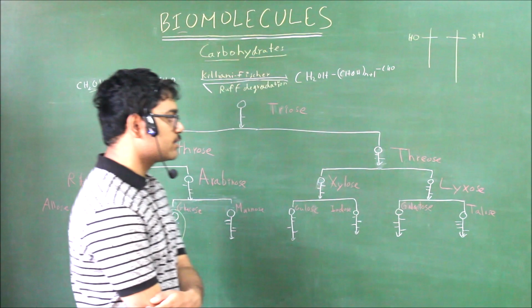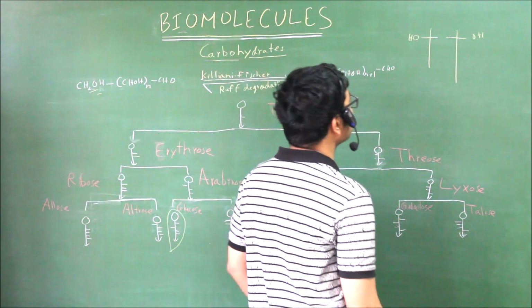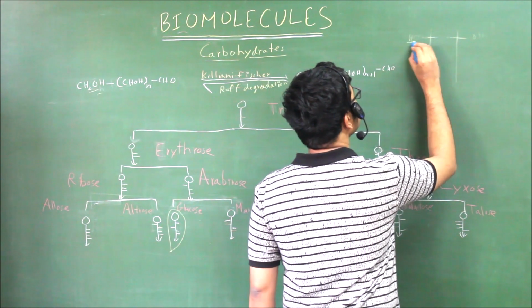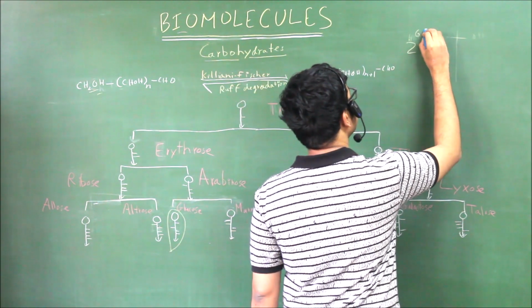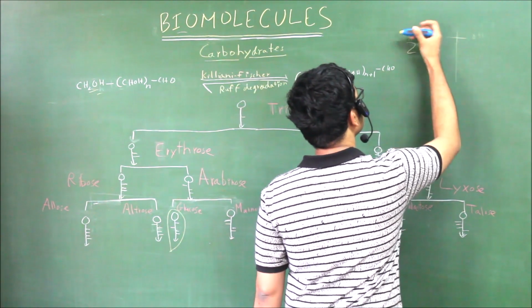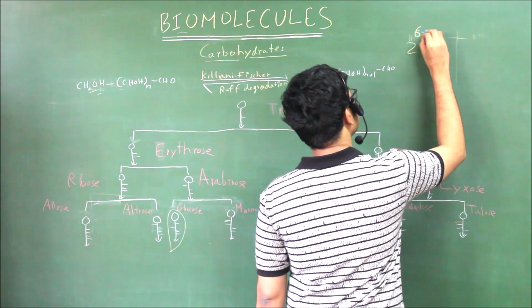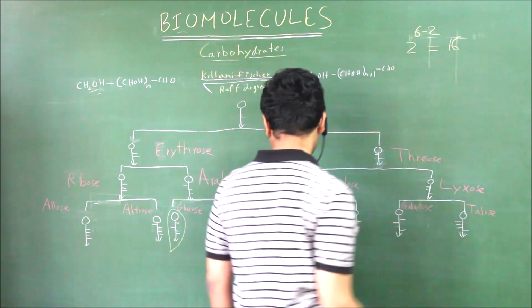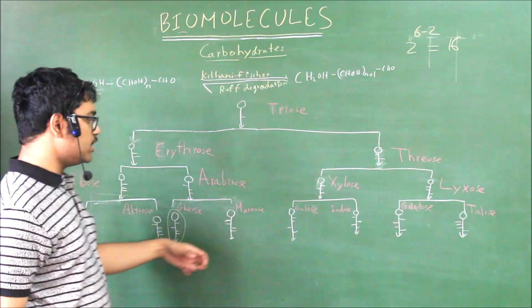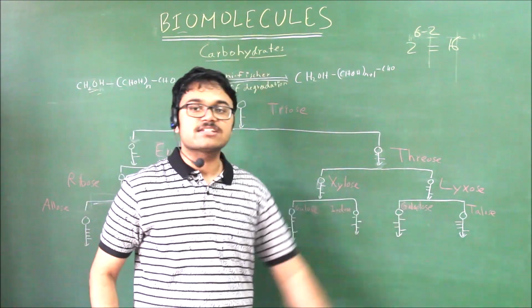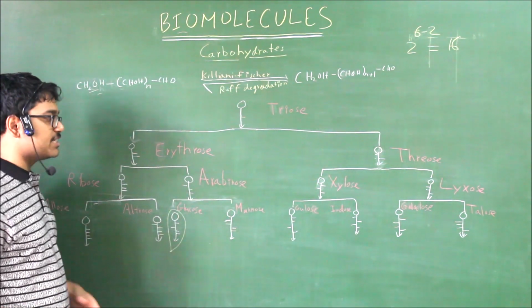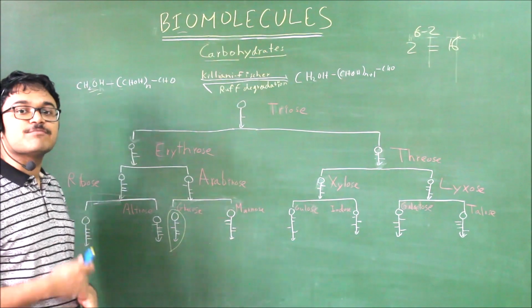So for the aldohexose, the number of stereoisomers should be 2 to the power 6 minus 2, that's 2 to the power 4. That should be 16. We have 1, 2, 3, 4, 5, 6, 7, 8. Where are the remaining 8? Pause the video and take the time to see which 8 stereoisomers we have missed out on.